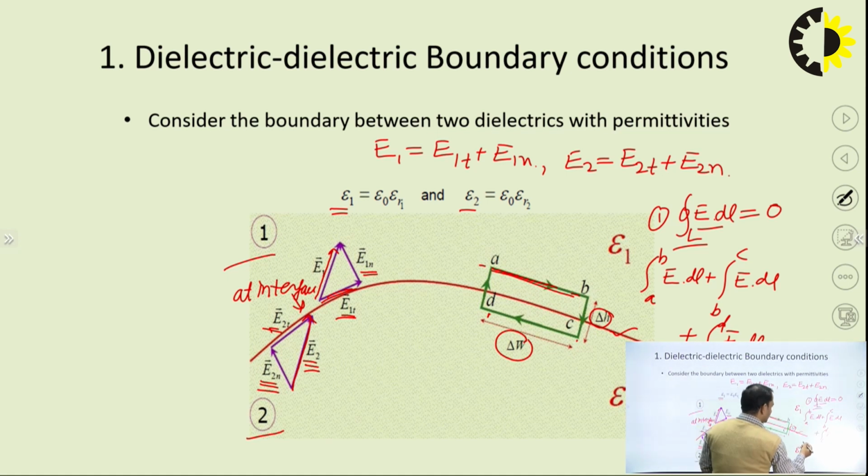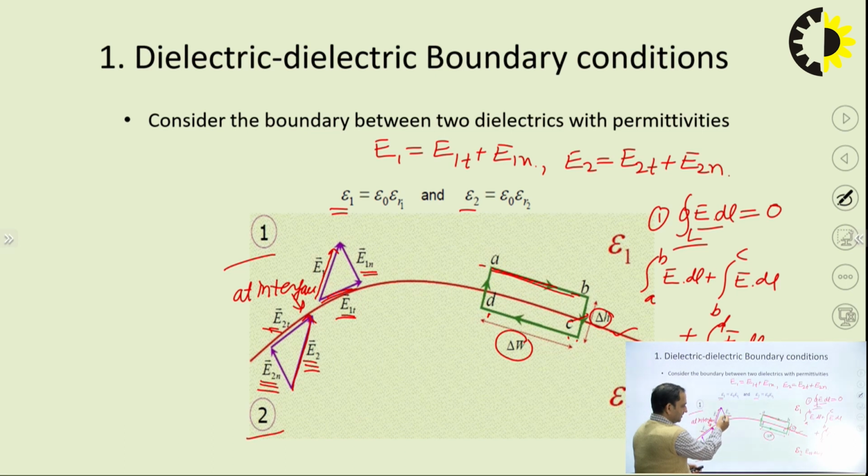So very simply, for A to B we can write E1t delta W, plus now B to C. In B to C, the first half is in medium 1 and the second half is in medium 2. B to C means delta H by 2, and the electric field direction is E1n.